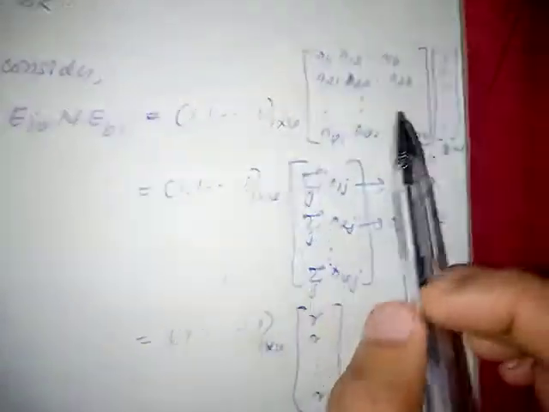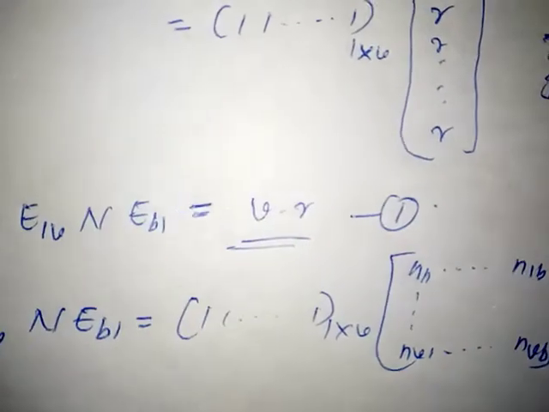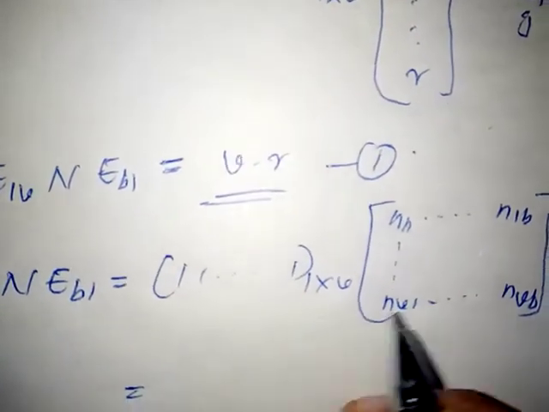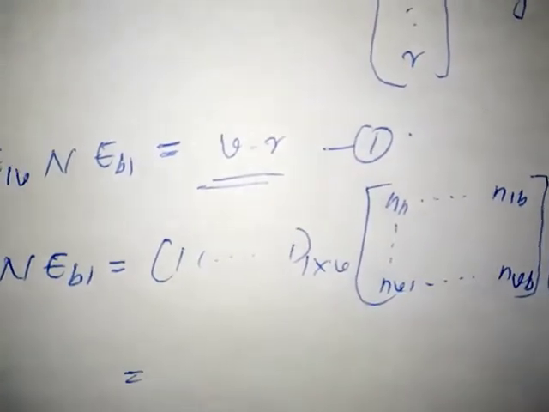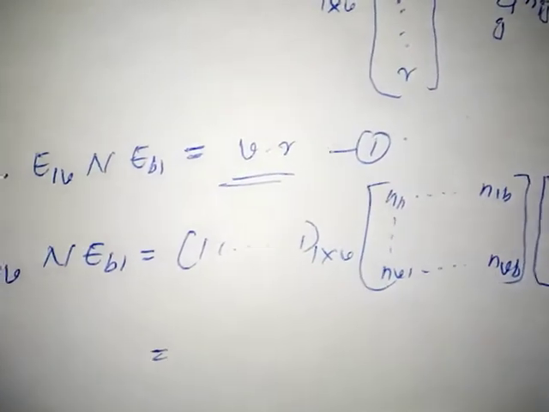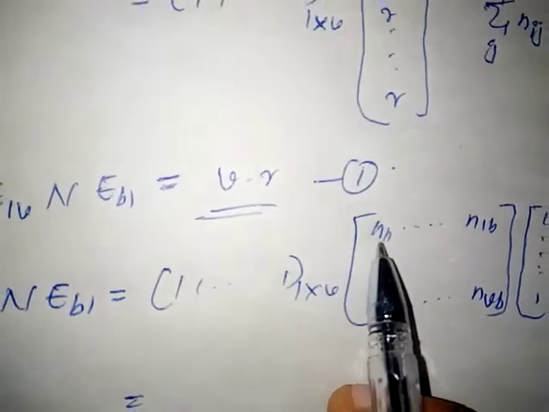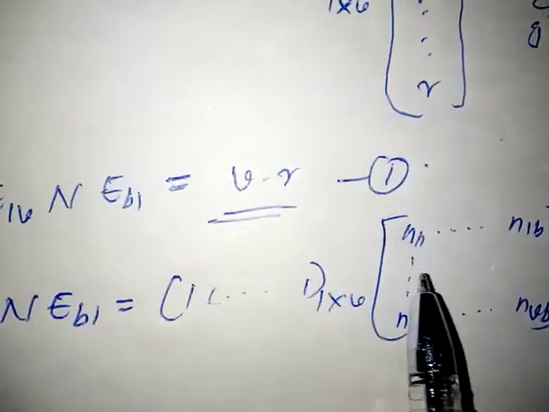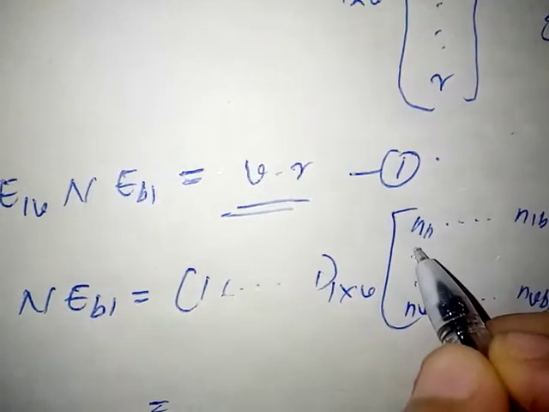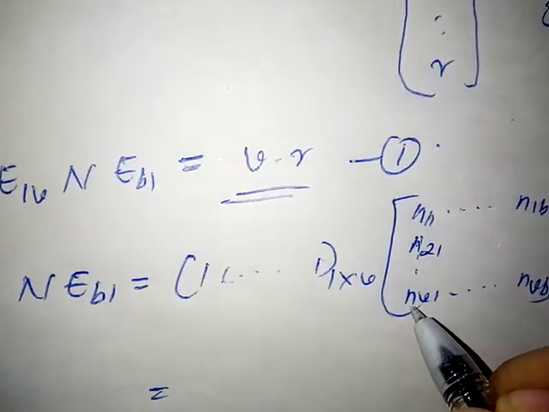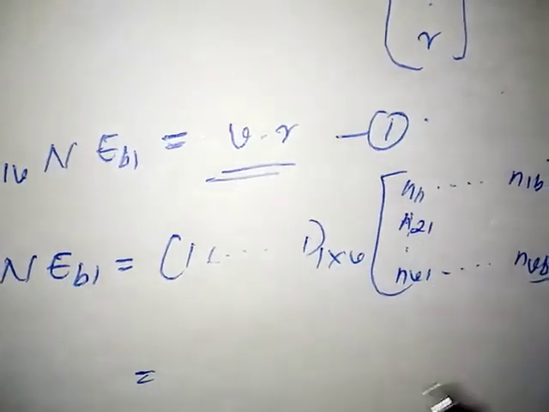So in the above case we first multiplied these two; here we must multiply these two matrices, that is 1 into N11, 1 into N21, similarly 1 into Nv1.